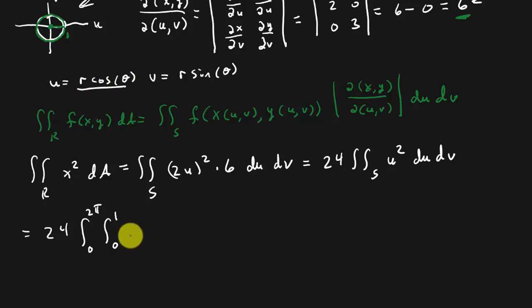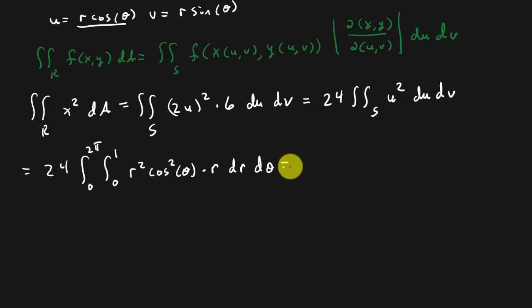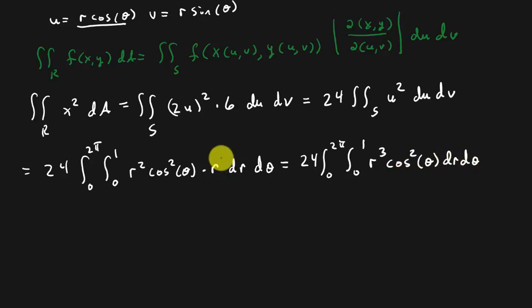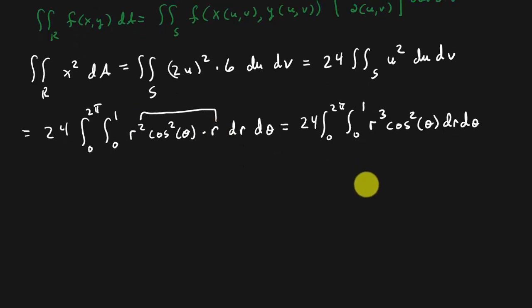U is r cosine theta, so if we square this, we get r squared cosine squared theta. And then remember, it's times r dr d theta. And so now we get 24, 0 to 2 pi, 0 to 1, r cubed cosine squared theta dr d theta. So all I did was multiply r times r squared there.